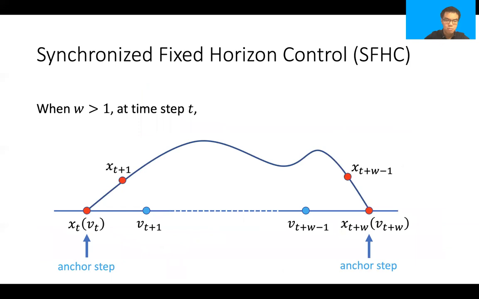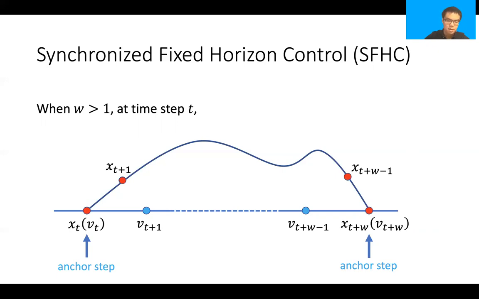And when more predictions are available, we do not need to restrict ourselves to picking the global minimizer of the hitting cost function at each time step. So we can fix the head and the tail of the subsequence x_t to x_{t+w} and optimize the decision points in the middle of this subsequence.